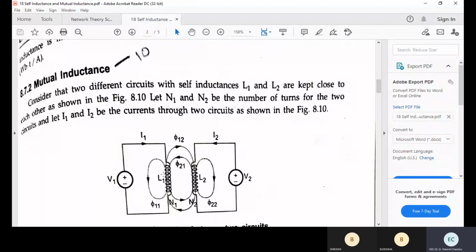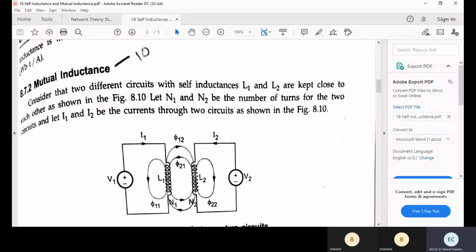Mutual inductance we can define in this way. Phi 12 flux means the entire flux produced in coil 1 is not only linked in coil 1 itself; some of the flux will link your coil 2, that is phi 12, from 1 to 2.